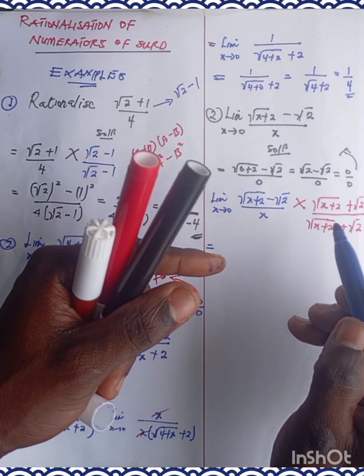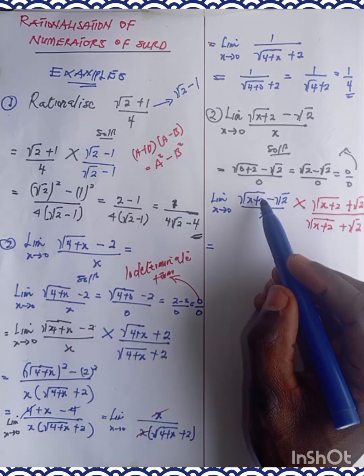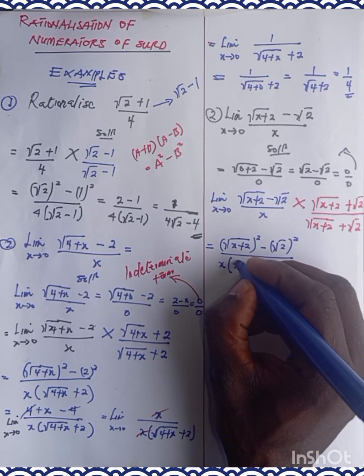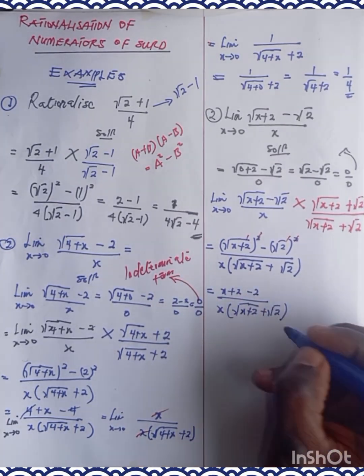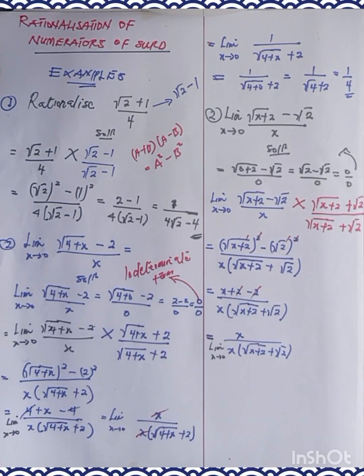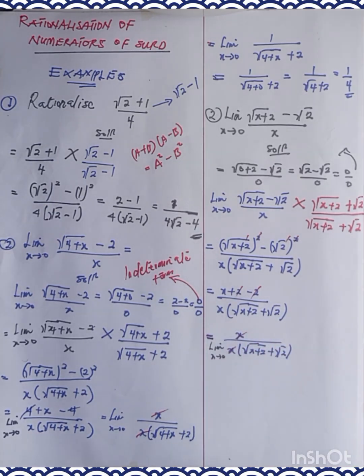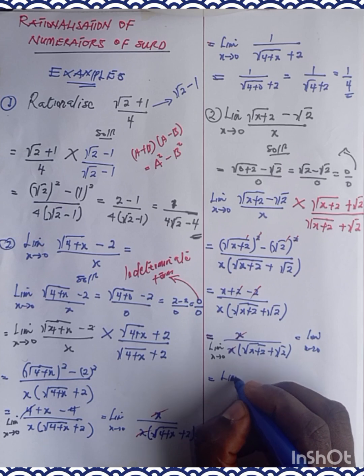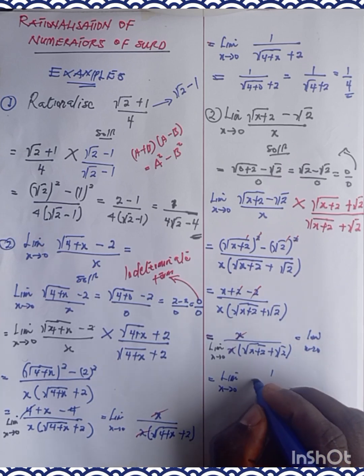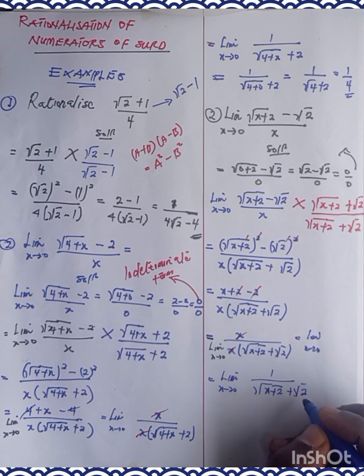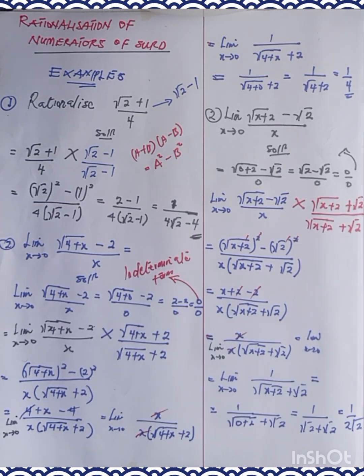It plays a major role here. So we square this, we square that, and then we are left with. From here we can see that the x and x will go, leaving 1 over root of x plus 2 plus root of 2. Now when we take the limit, you can see that rationalization of the numerator plays a major role.